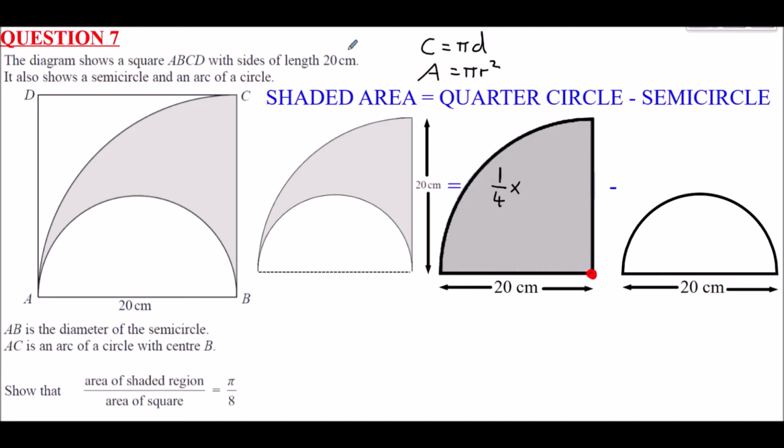So it's a quarter of pi times 20 squared. So it's a quarter of pi, 20 squared, 20 times 20. Well, 2 times 2 is 4, then add the 2 zeros, we get 400. A quarter of 400 is 100, so that's 100 pi.